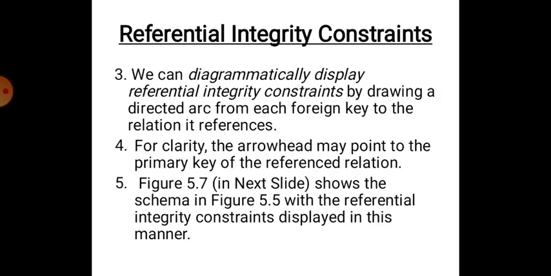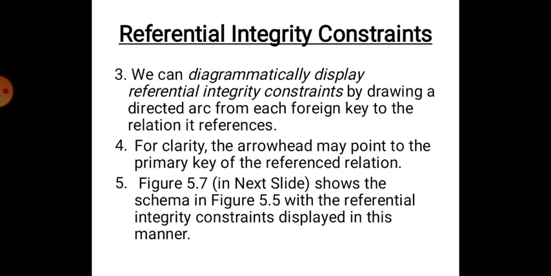Referential integrity constraints. We can diagrammatically display referential integrity constraints by drawing a directed arc from each foreign key to the relation it references. For clarity, the arrowhead may point to the primary key of the referenced relation.